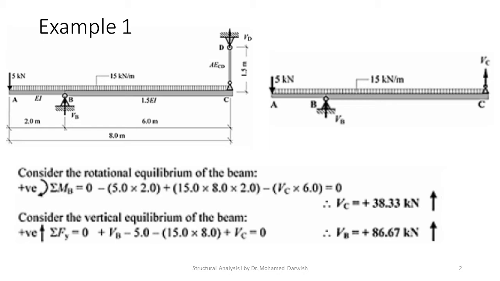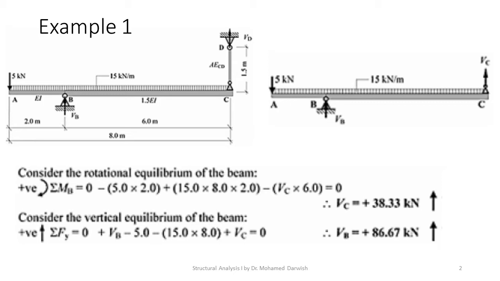So now simply negative VC times 6 plus 15 times 8 times 2, which is the resultant force of the distributed load, minus 5 times 2, which is the concentrated load on the other side. All that is equal to 0. So now VC is 38.33.